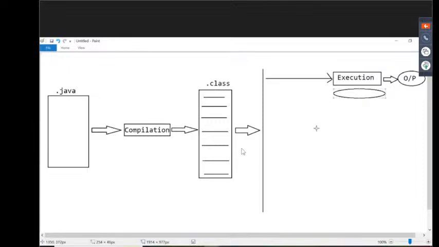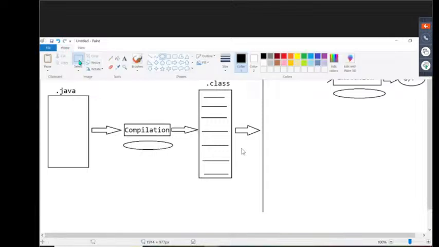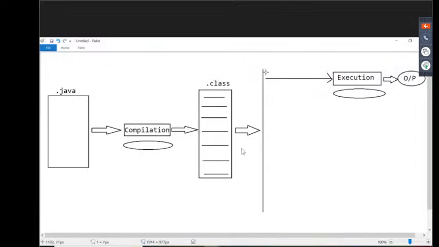For compilation we are using one operating system, and for execution we are using another operating system. The names of these operating systems I will provide to you later.